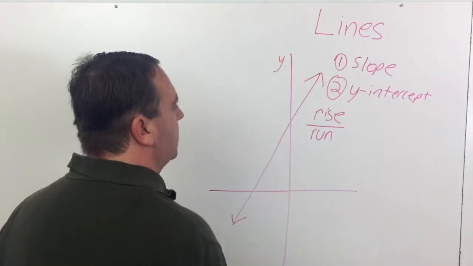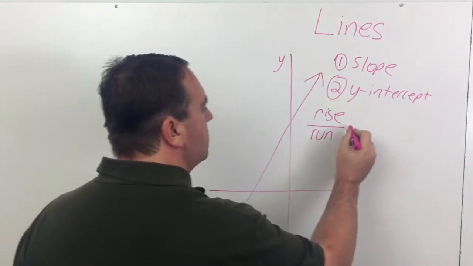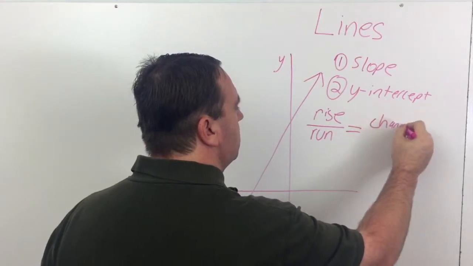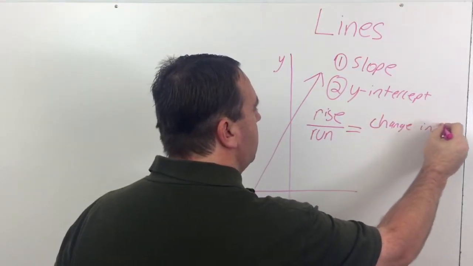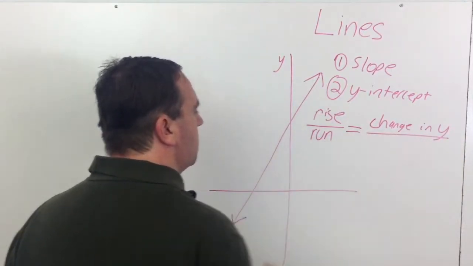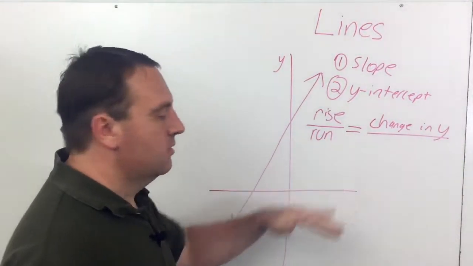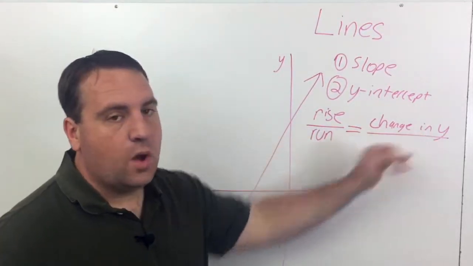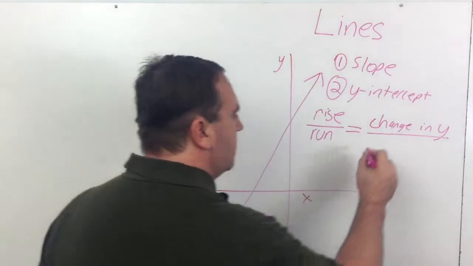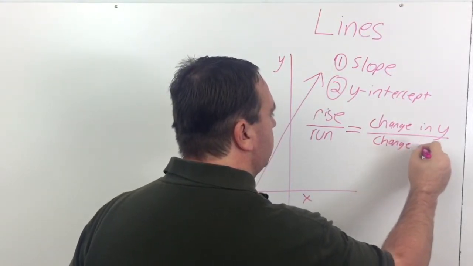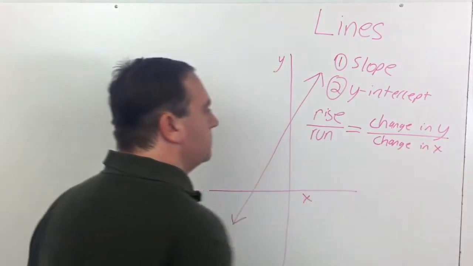Well, that's the y-axis. So this is equal to your change in y divided by the run, which is how far back and forth it goes, measured by our x-axis. So it's the change in y divided by the change in x.